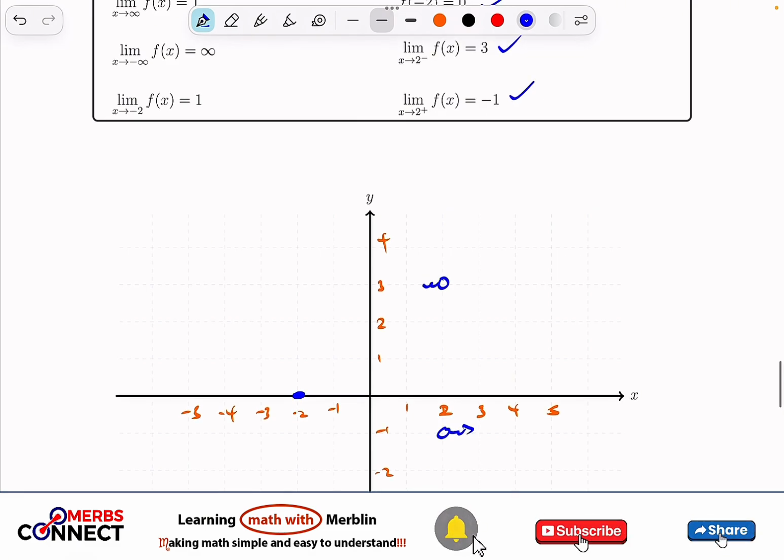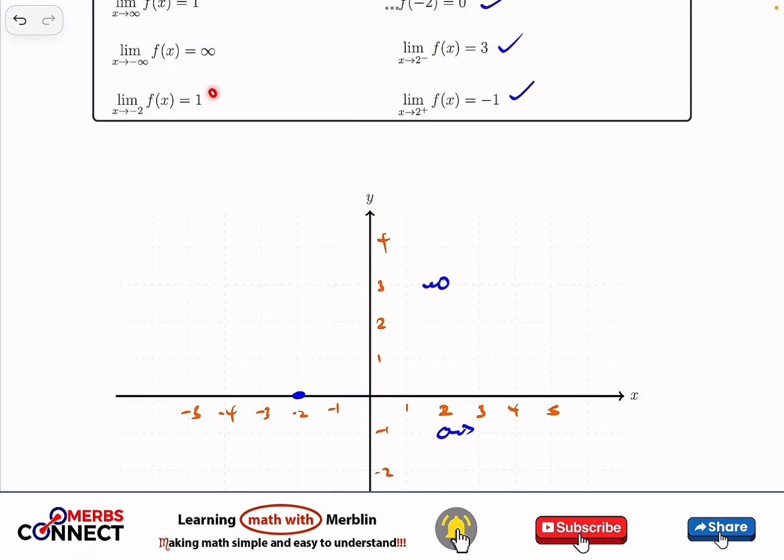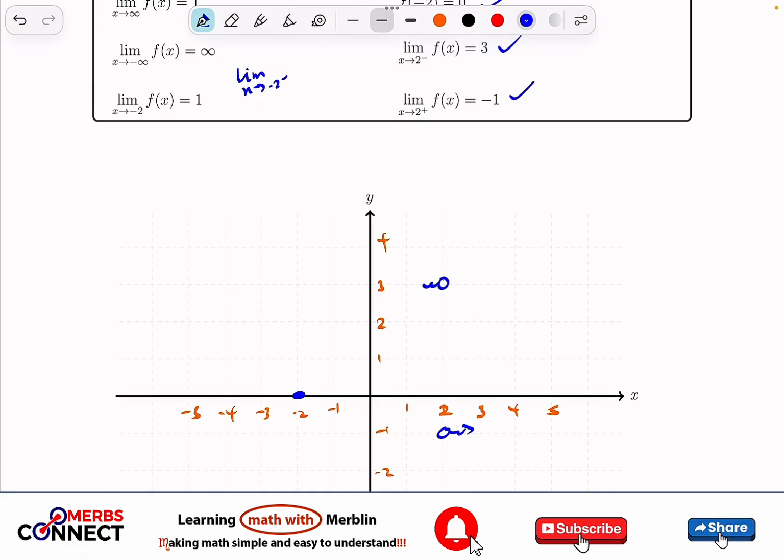Let's look at this guy here. This guy here is x approaching minus 2, and we are getting 1. Now this tells us that the limit as x approaches minus 2 from the left is also 1, and the limit as x approaches minus 2 from the positive side is also 1.